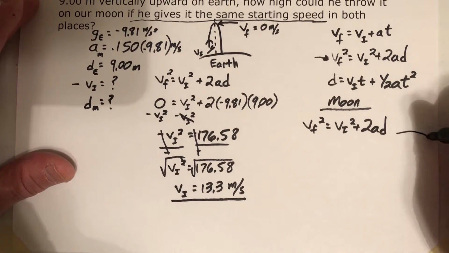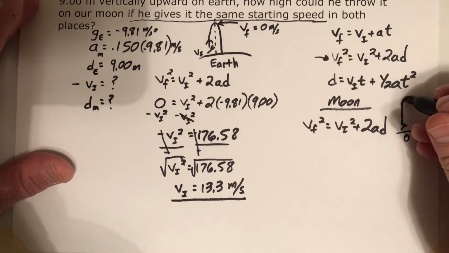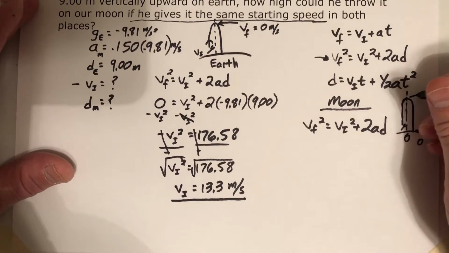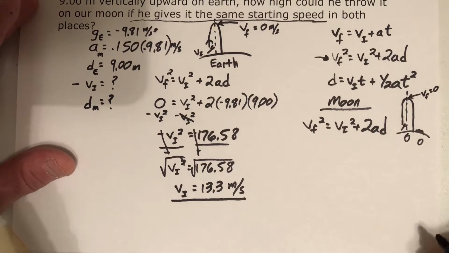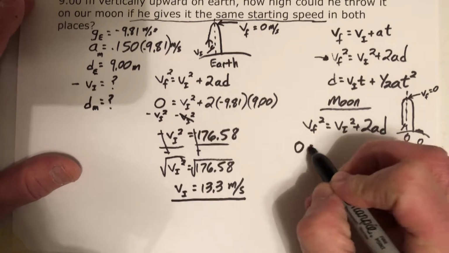And I'm going to use the same path. Here I am on the moon. Draw a couple of craters on the moon, right? Some craters on the moon. And here's my wrench, and it's going to go up and down. And once again, I'm going to cut the path in half. And I know that the final velocity up here at the top is 0. Okay? So my final velocity on the moon will still be 0.